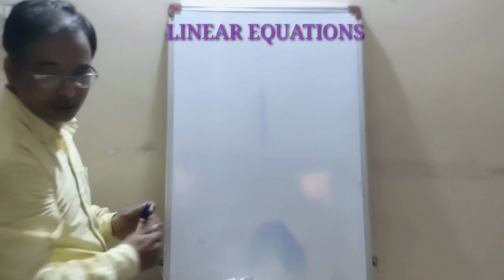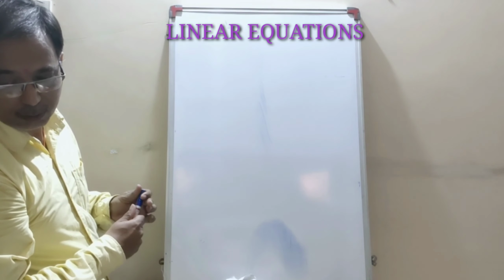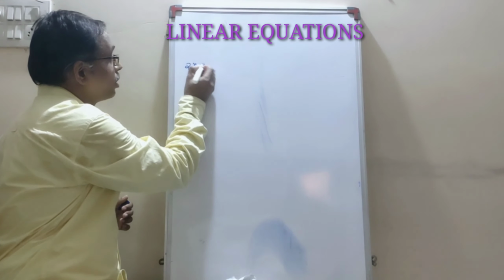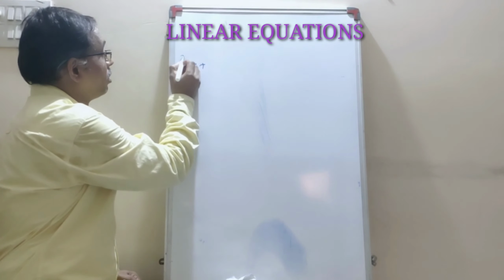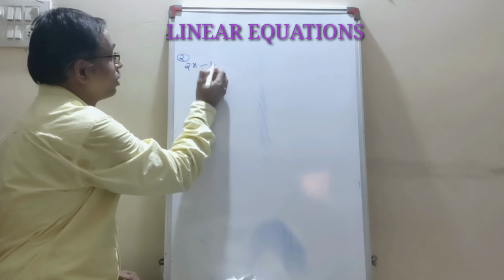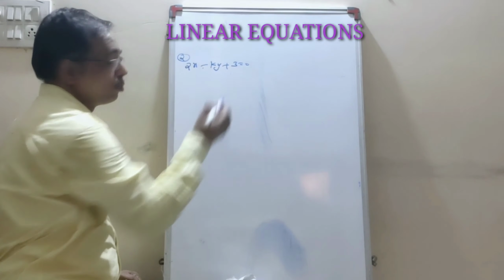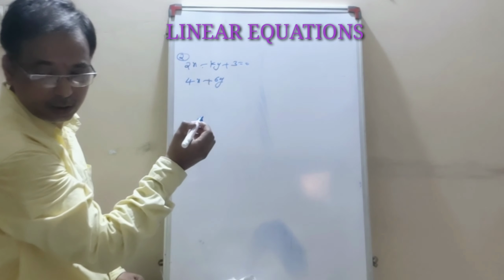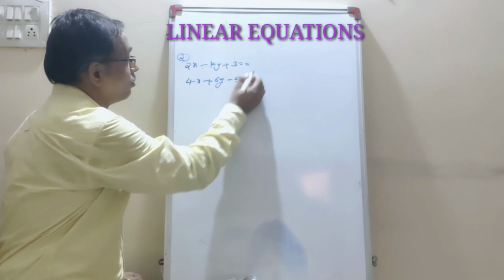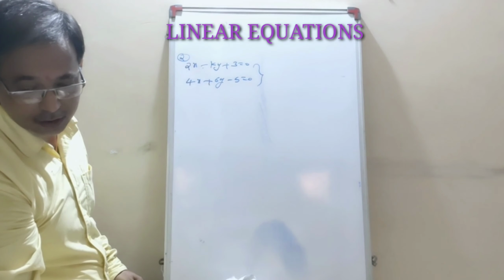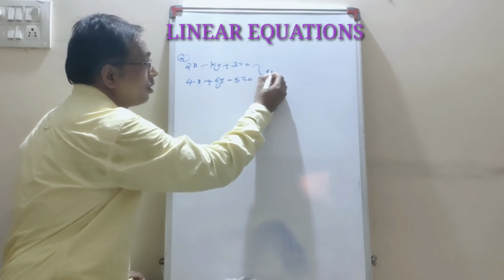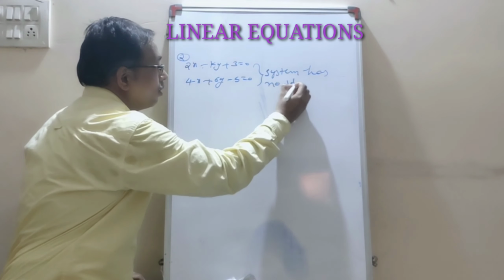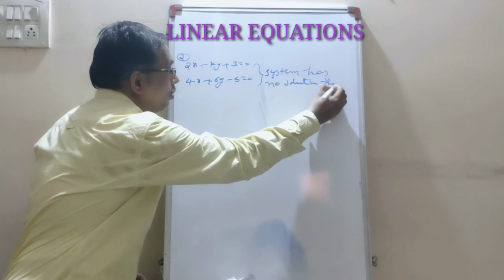So here the given lines are 2x minus ky plus 3 equal to 0 and 4x plus 6y minus 5 equal to 0, and the system has no solution. Then find k.